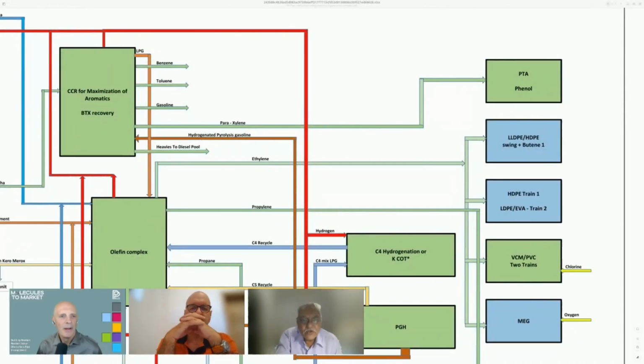Then, of course, when you come to the polymers, LLDP, HDP, in India one good licensor for this is Univation. Univation has supplied multiple units here. All of them are performing well. Nice unit, good licensor. That's our experience. HDP in India has come from INEOS.